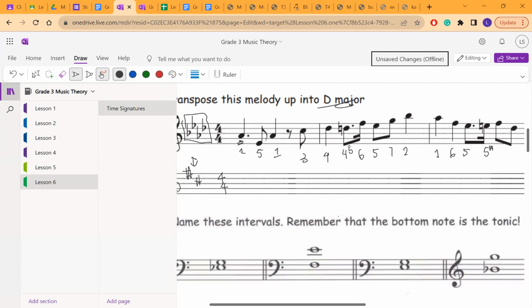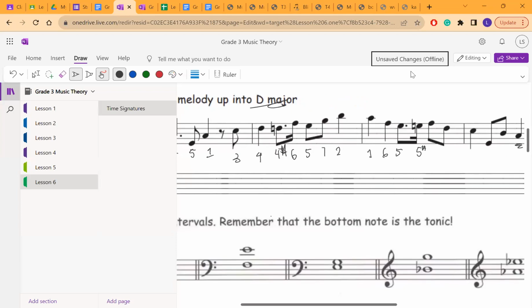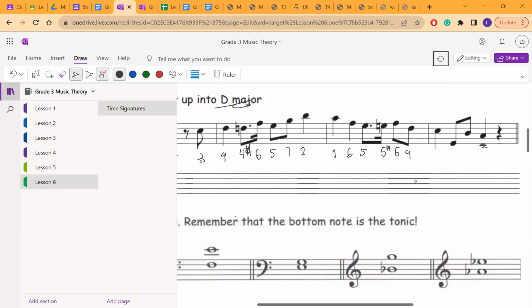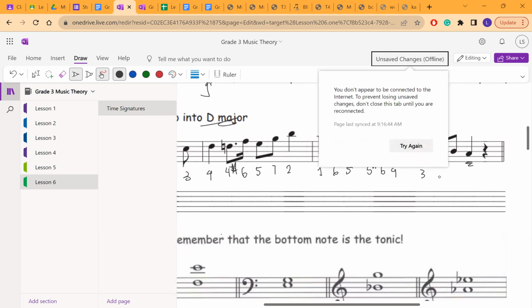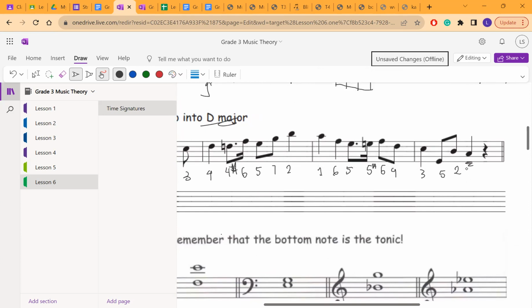That's a no, that's a 5. That's a 4 sharp. 5 sharp. 6. 4, 3, 5, 2, 1.